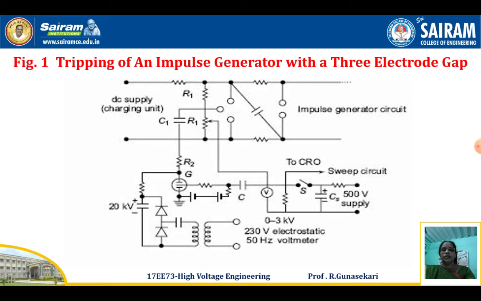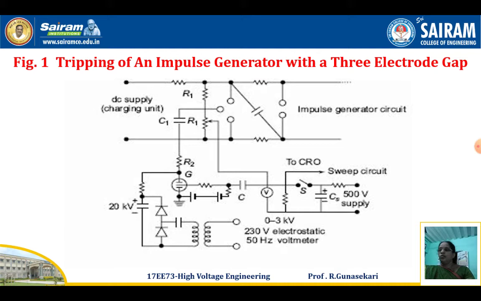Then the electrostatic voltmeter, the 230 volt, 50 hertz supply, and then the CRO for measurement purpose. A sweep circuit is there. Then capacitors C1, CS and C.